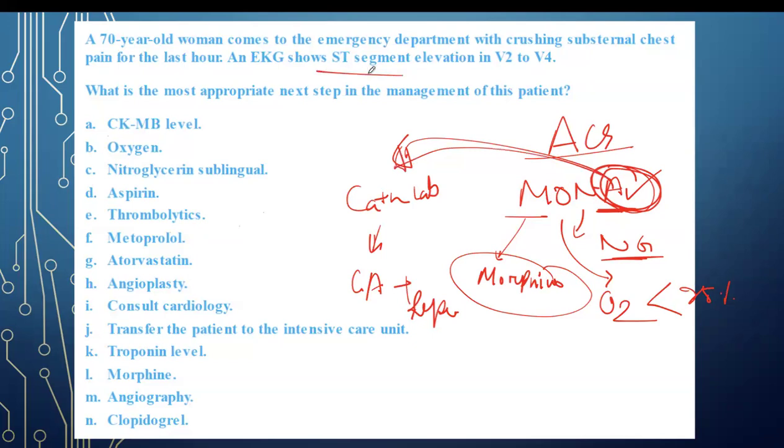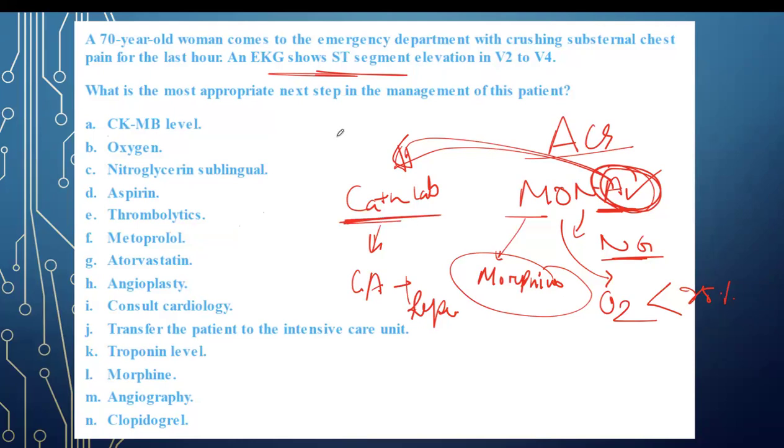Now, this is the management for ST elevated MI, not non-ST elevated or unstable angina. So you're talking mainly about ST elevated MI now. You give the patient aspirin unless it is contraindicated and call the catheter lab, make sure it is ready. The idea is that within 60 to 90 minutes of an ST elevated MI patient entering your hospital, you should be able to take the patient to the catheter lab.